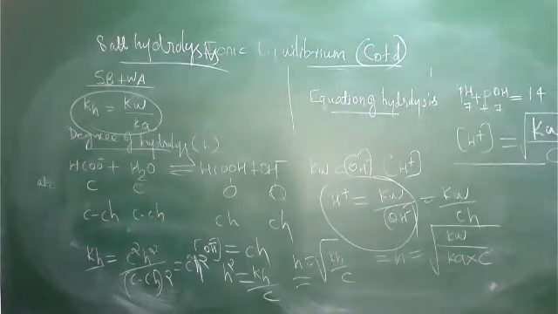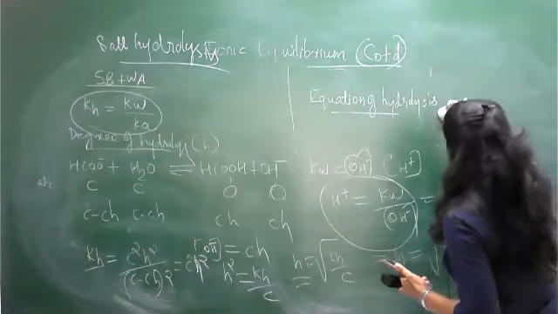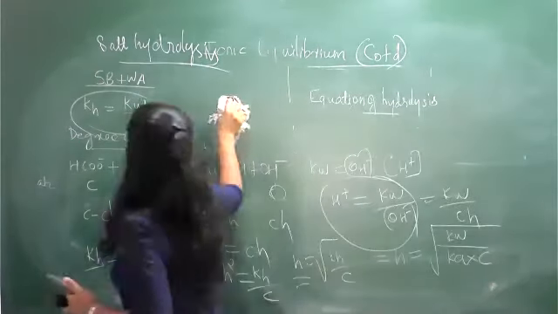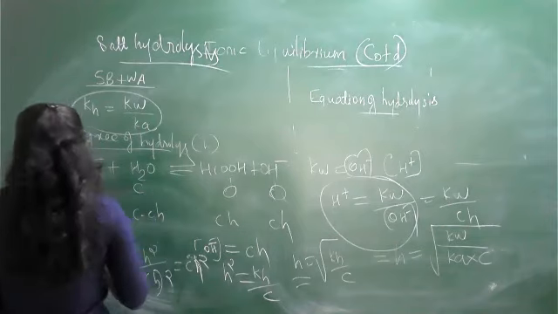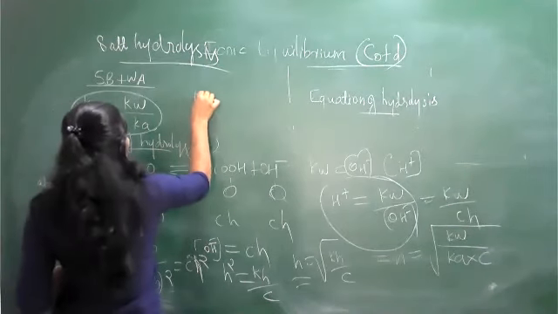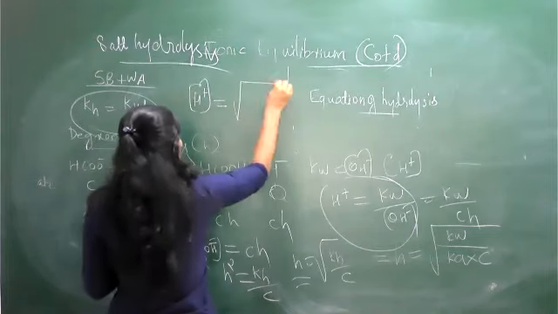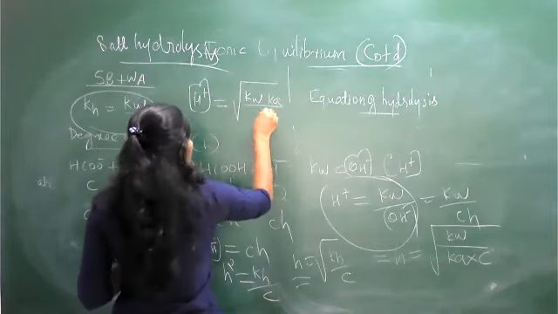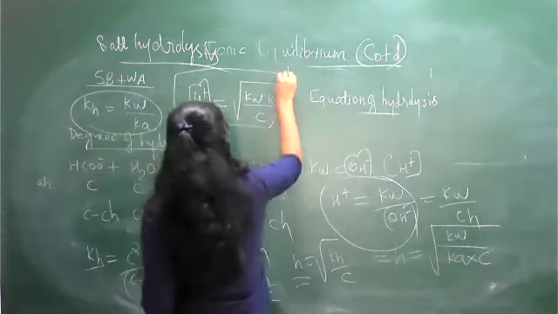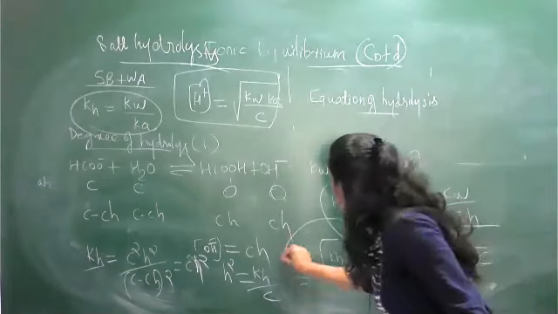Ma'am, the board is not visible on the left side. Here, the final equation I will write. H plus you will find out right now. Very important, note down. Without derivation, you want to know the equation at least: Kw Ka whole divided by C. This is important.